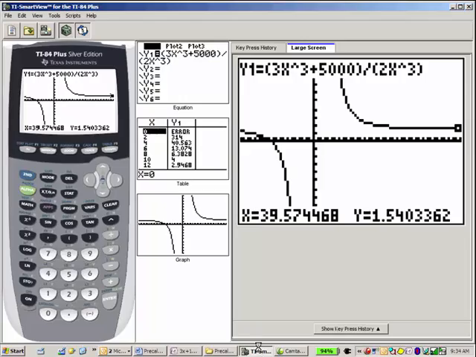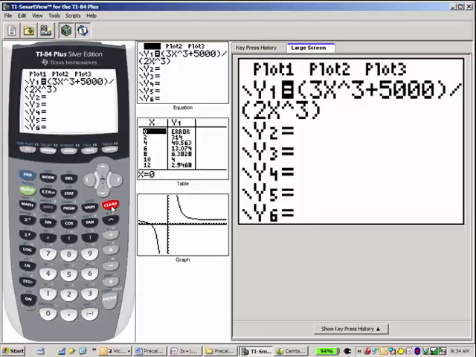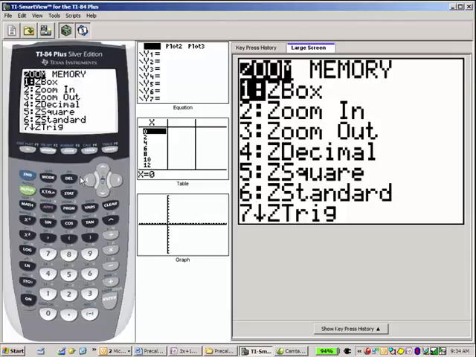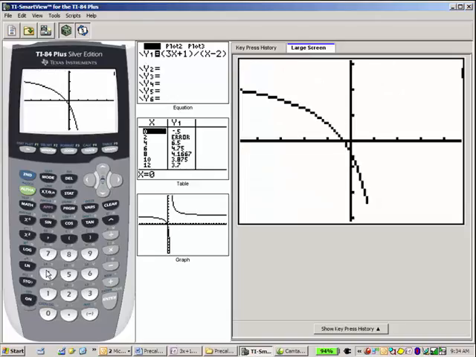And now, let's see how we did. You excited? 3x, was it plus 1? Over x minus 2? All right. I'm going to do zoom decimal to start. Oop, there's negative 1/3. No, I didn't get the rest of it.